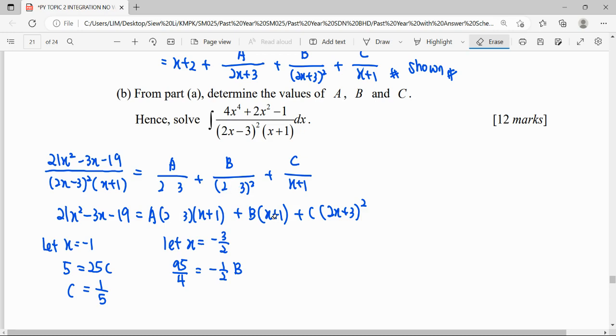So I have a mistake here in writing. It will be minus. So the root here will be 3 over 2.